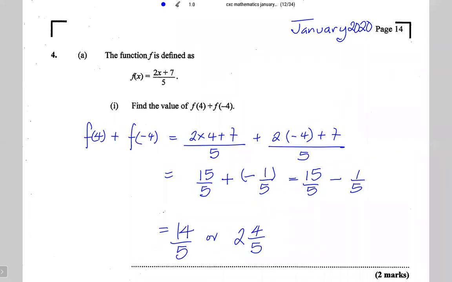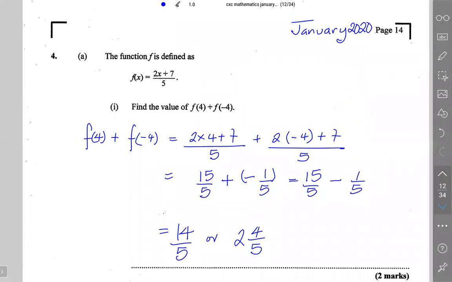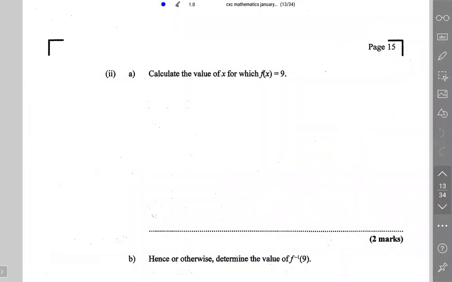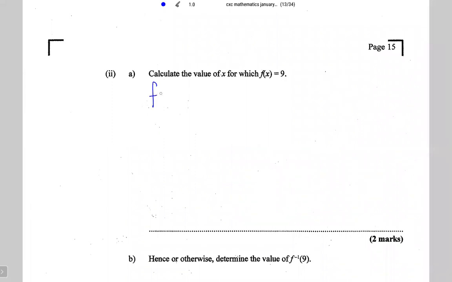All right, let's continue. We're asked to calculate the value of x for which f of x is equal to 9. Now, f of x is (2x plus 7) over 5, and this is equal to 9.